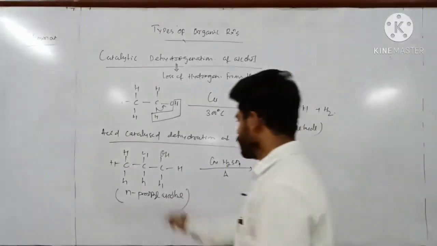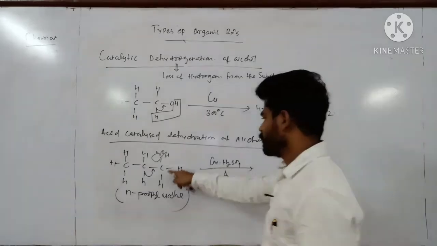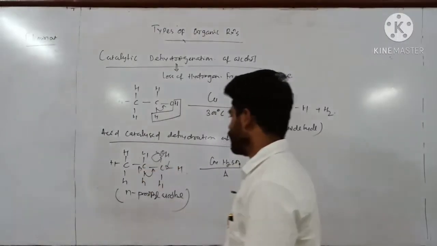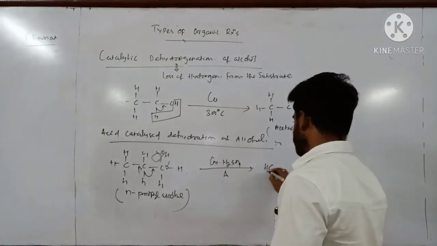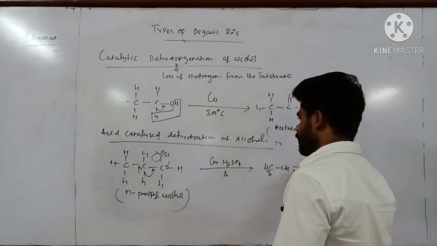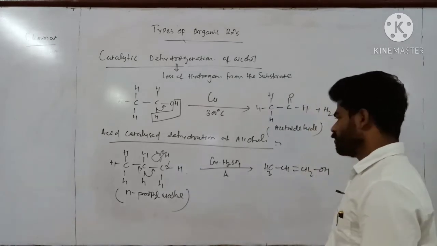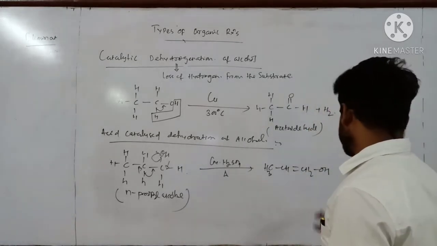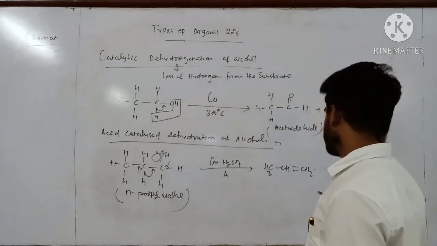So what happens? This one OH group, this one is alpha, this one is beta. Beta elimination again takes place to give you propene, CH3-CH=CH2.